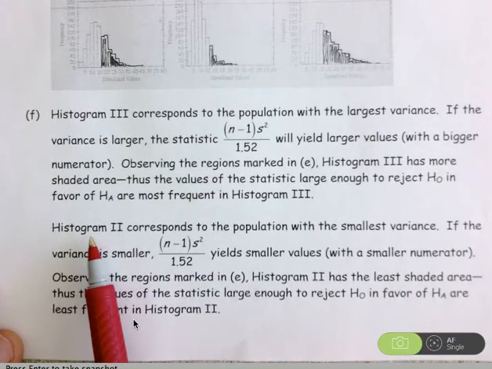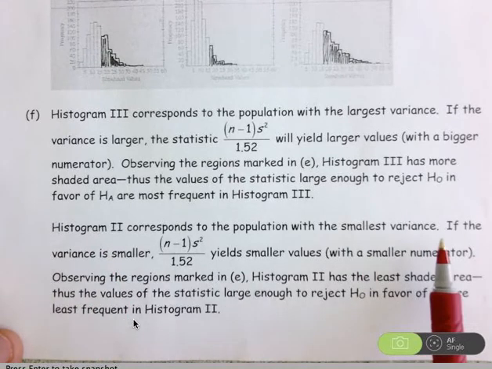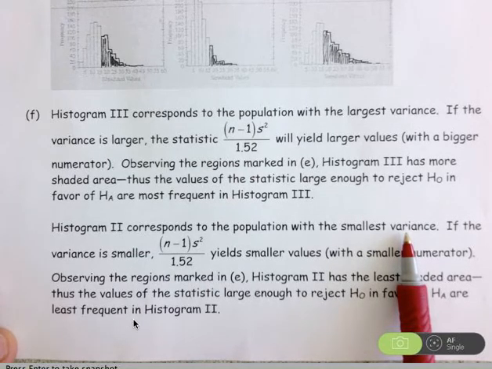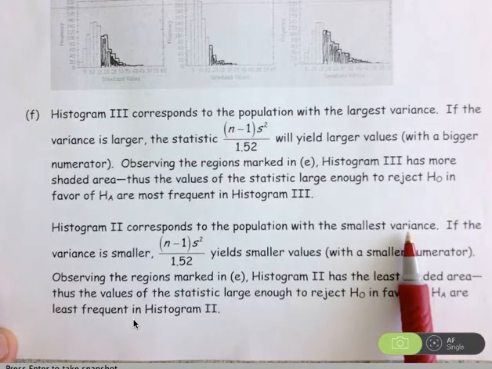Histogram 2 should then be identified as the sampling distribution from the population with the smallest variance. So that's the first thing that you needed to do. So that's a partially correct answer, but to get an essentially correct answer, you also have to go forward and justify why you chose those histograms. But that justification needs to be linked to the likelihood of rejecting the null hypothesis or not.